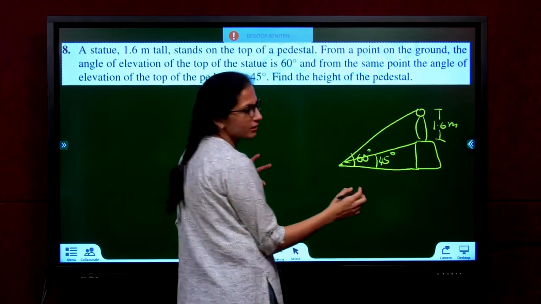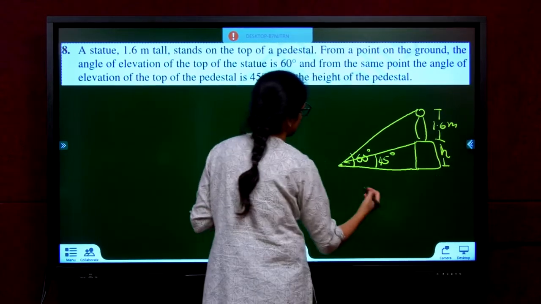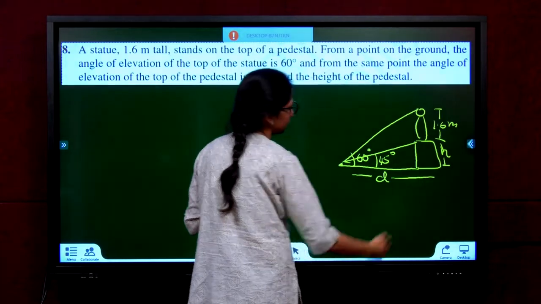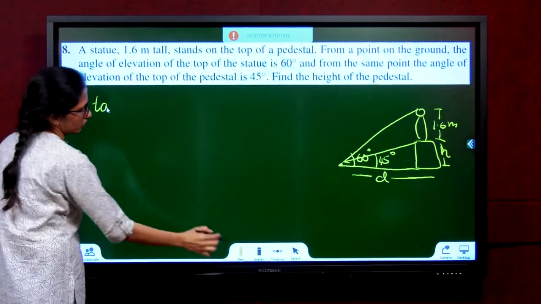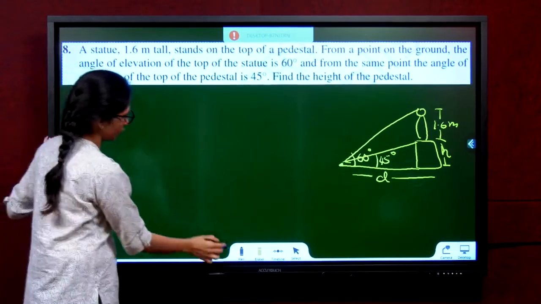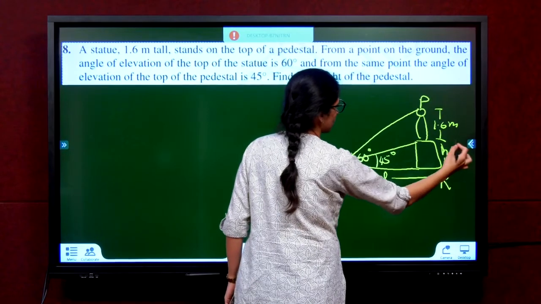Find the height of the pedestal. They want this. Okay, let's just take this as D. Let's begin. First label the diagram because you need to tell which triangle. P, Q, R, S.